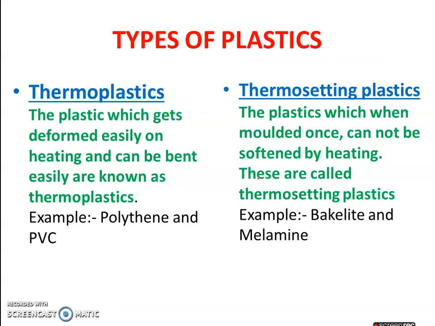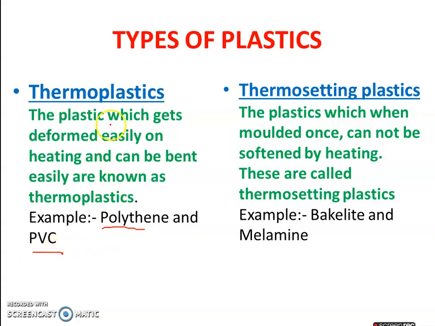Now the types of plastics. There are two types of plastics. One is thermoplastic and the other one is thermosetting plastics. Thermoplastics can be deformed very easily by heating. They can be bent easily. These plastics are known as thermoplastics. For example, polythene and PVC, polyvinyl chloride.